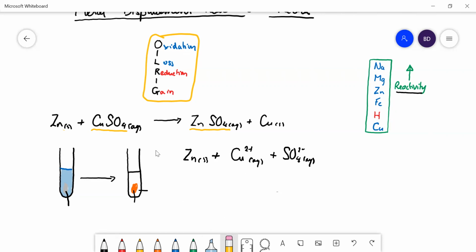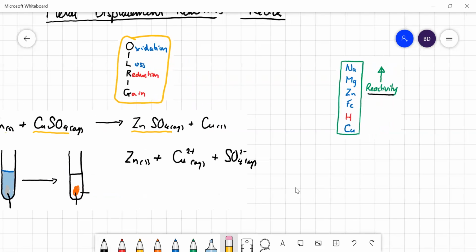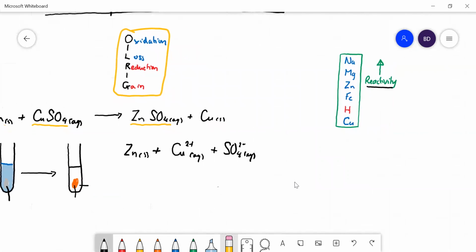When the reaction is finished, you've got zinc sulfate, which is an ionic compound, so you can split that up into zinc Zn2+ ions and sulfate ions, SO4 2-, and copper atoms.